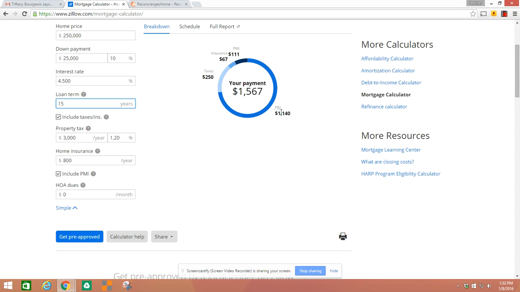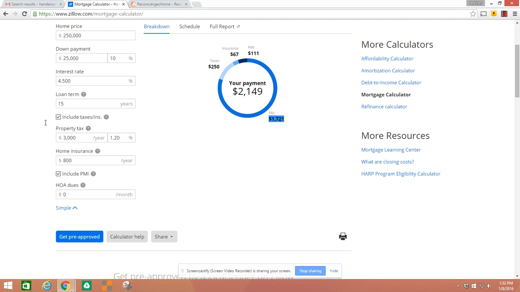Let's see what that looks like. Our payment is 1140, and now it's going to jump to 1721, as you can see right down here. So 1140 to 1721, that's about $300 roughly. The reason is because your principal payment doubles, essentially.